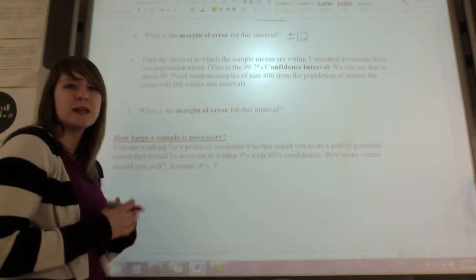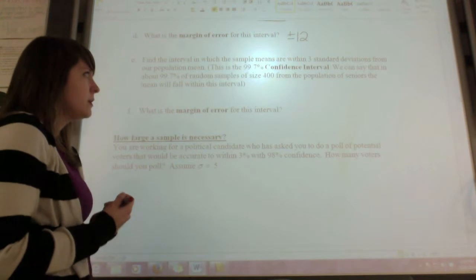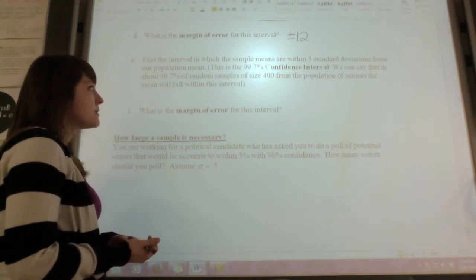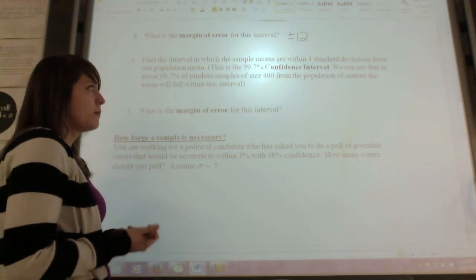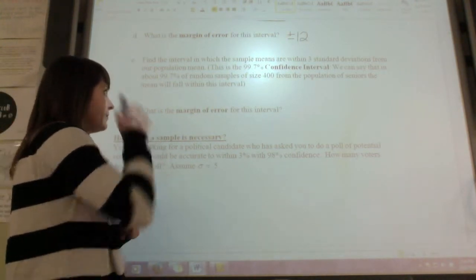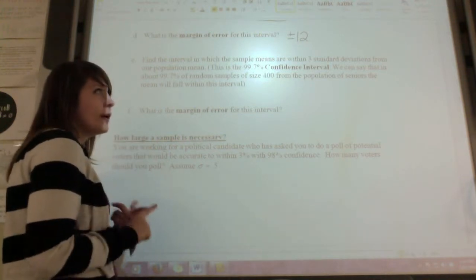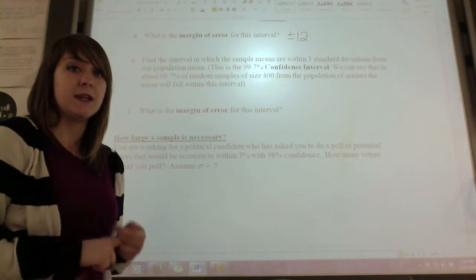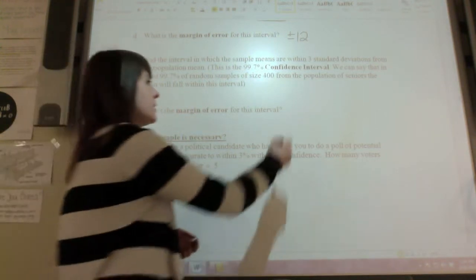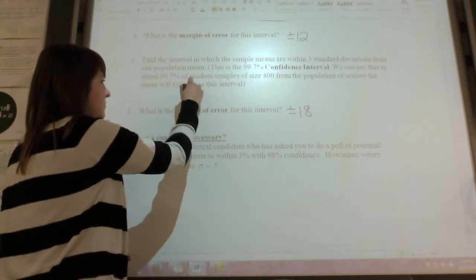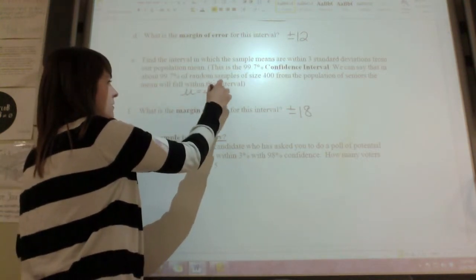That's my 99.7% confidence interval. Okay, so we can say that in about 99.7% of random samples of size 400 from the population of seniors, the mean will fall within this interval. So if one standard deviation was 6, that means that 3 standard deviations is 18. So basically what I'm doing is adding and subtracting 18 from my mean, which was 440.